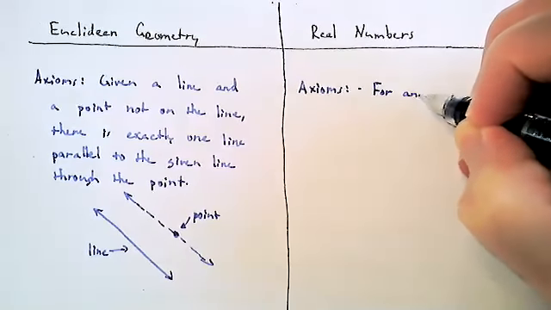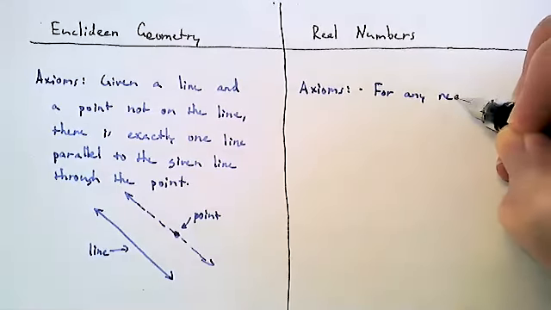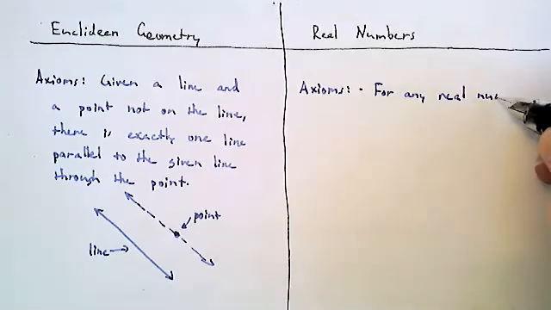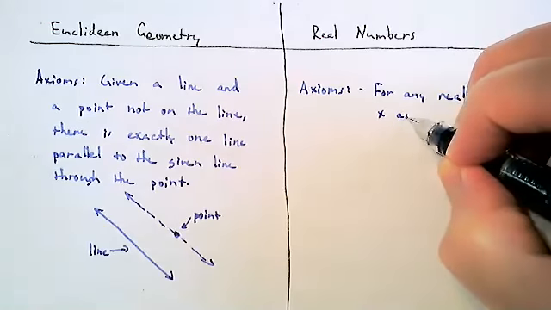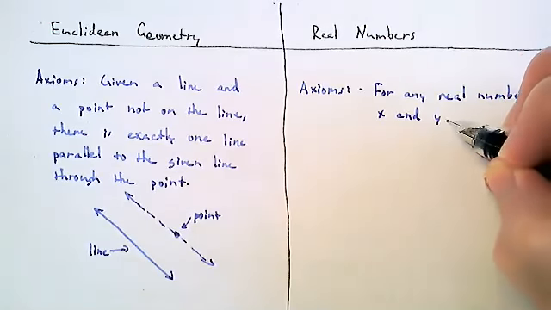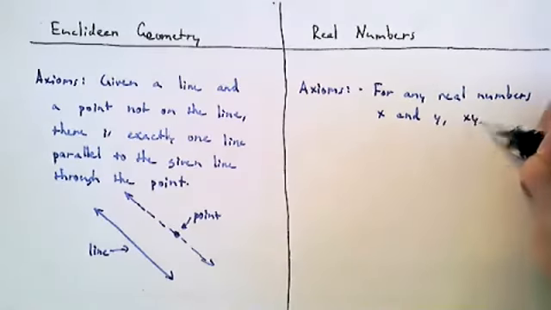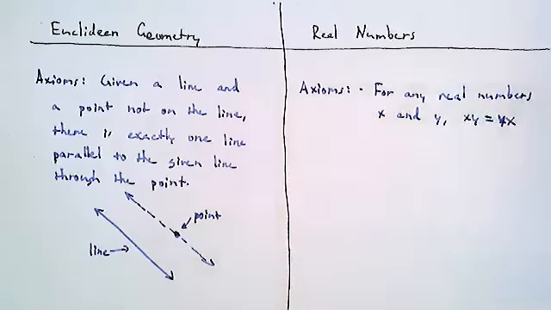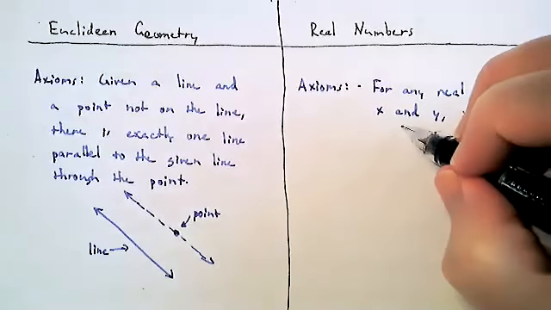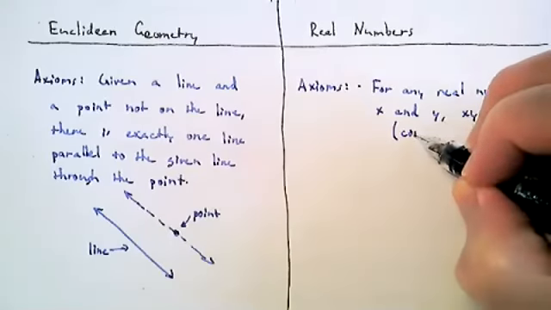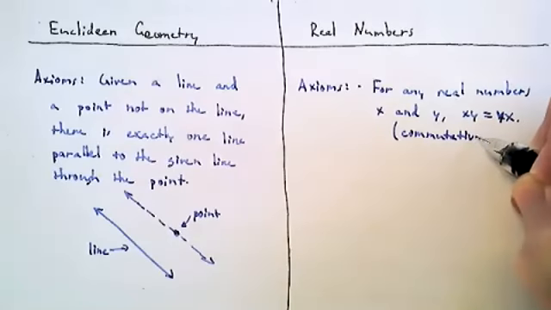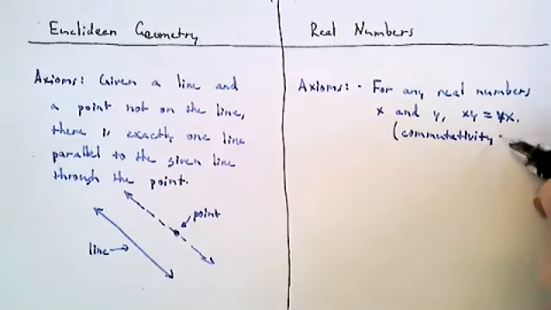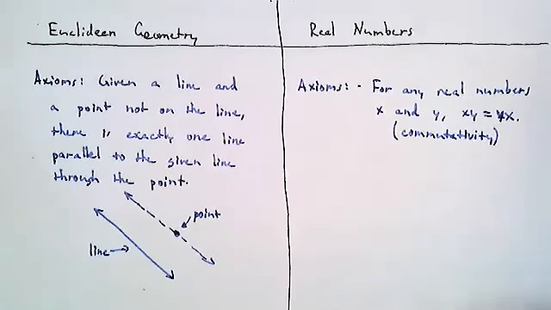For any real numbers x and y, x times y is equal to y times x. And this is called commutativity, or the commutative property.